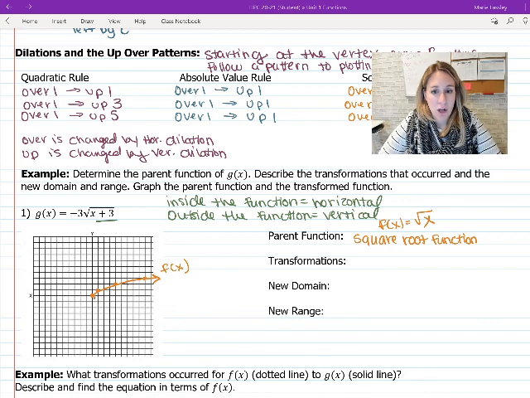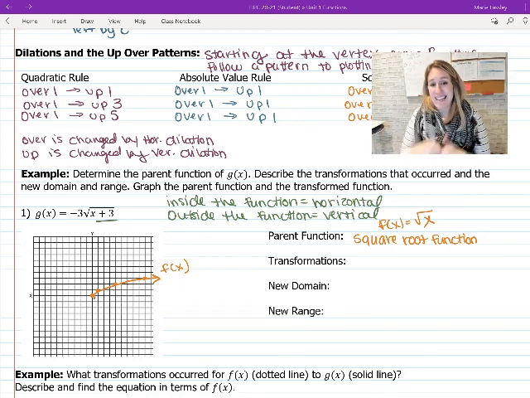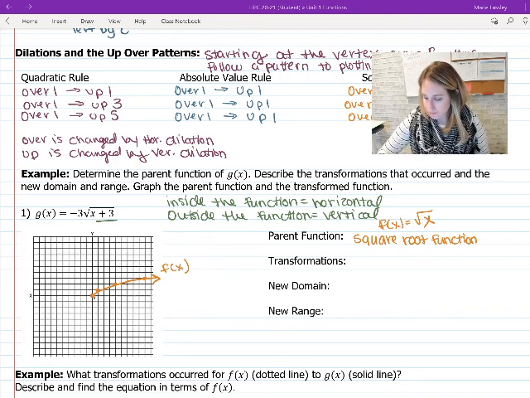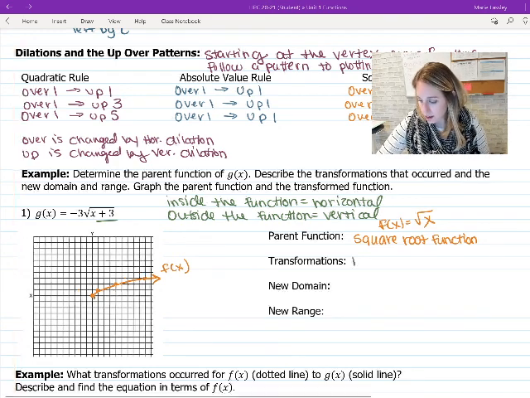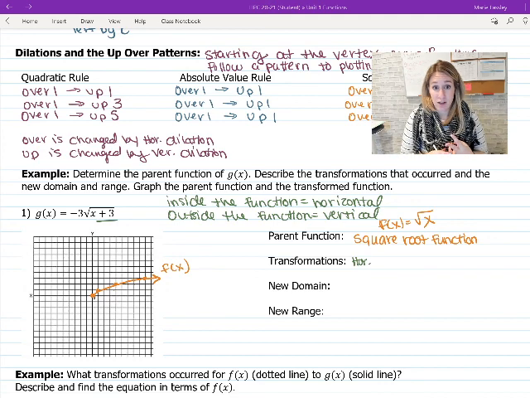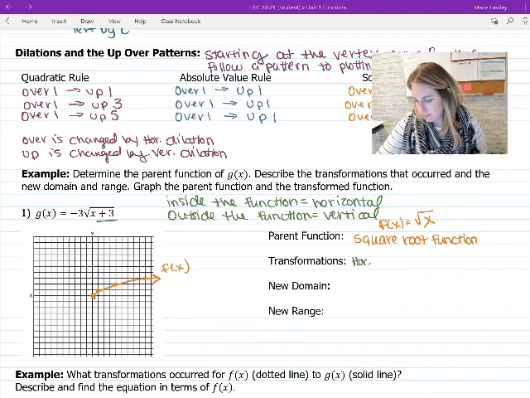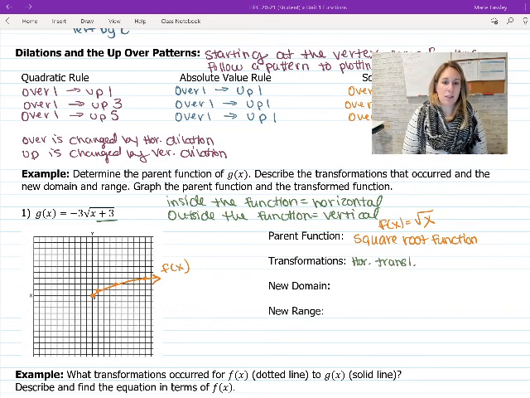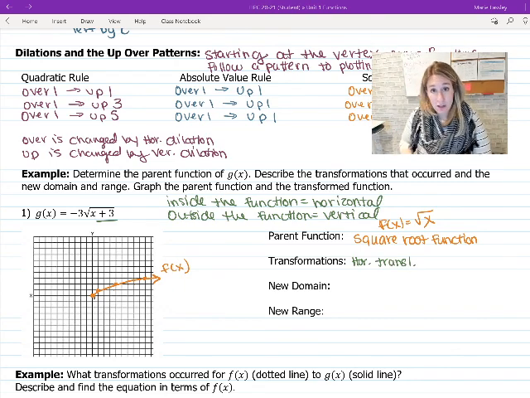All right, so let's figure out the transformations. We have a +3 on the inside of the function, so that is going to be horizontal. Is it a dilation, a translation, or a reflection? It's a translation, so horizontal translation. Are we going left or right?